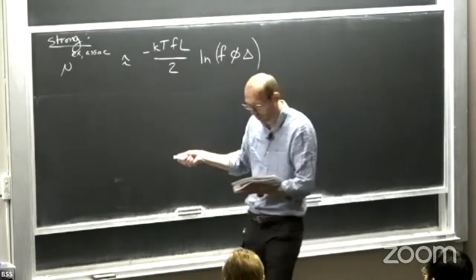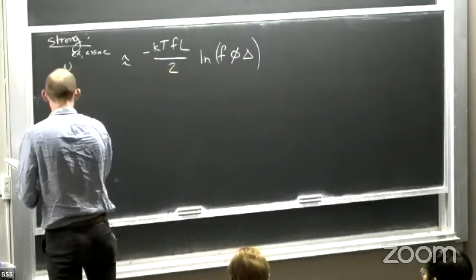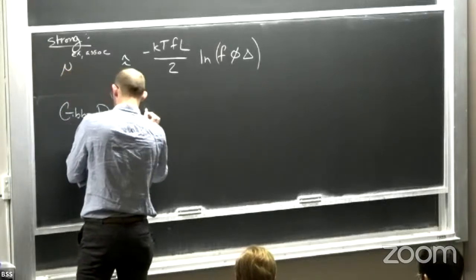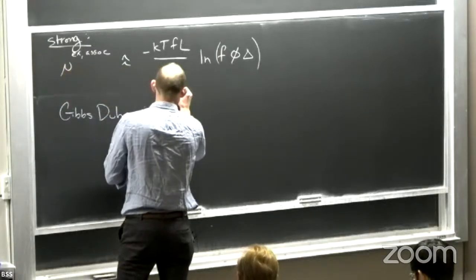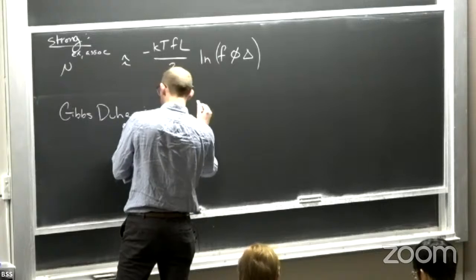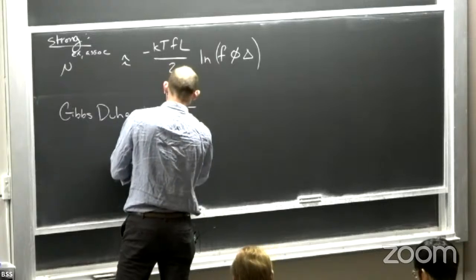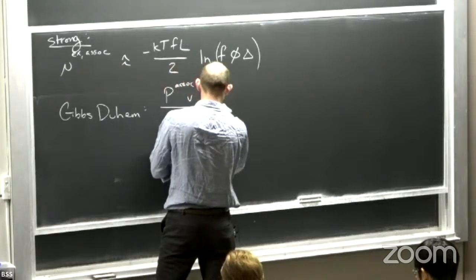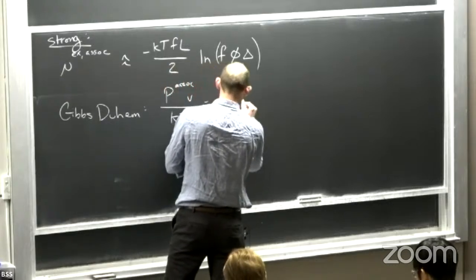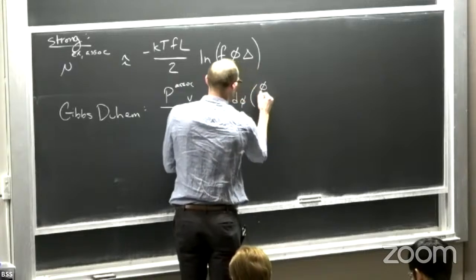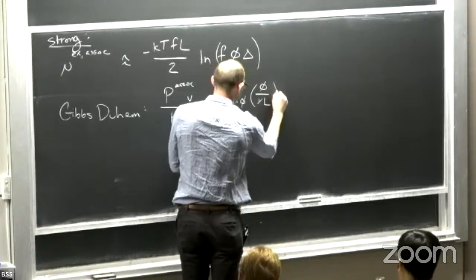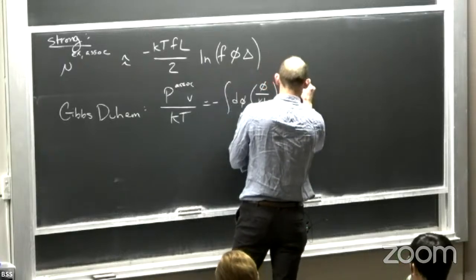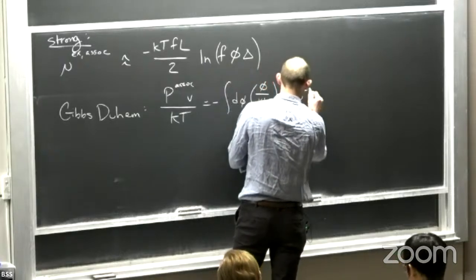It's a bit more informative if we think in terms of the osmotic pressure, right? So we can use the Gibbs-Duhem relation again. Our associative contribution to the pressure in dimensionless form is, we have to do this integral, right?